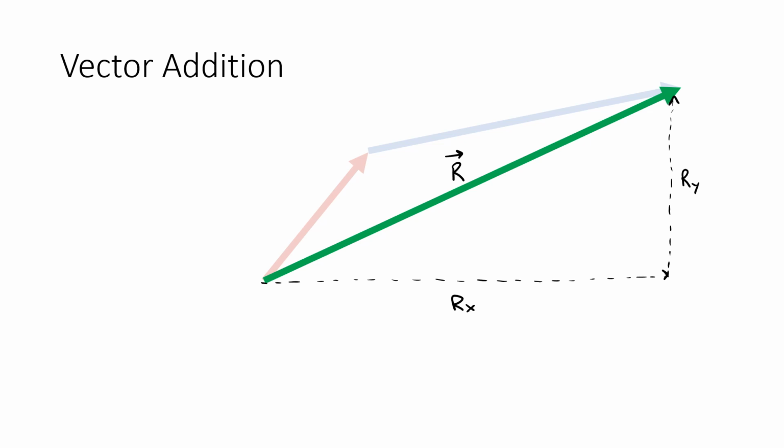Let me draw those previous screen's vector components on top of this, in blue. So A sub x was this, and you're going to see this vector B up here.